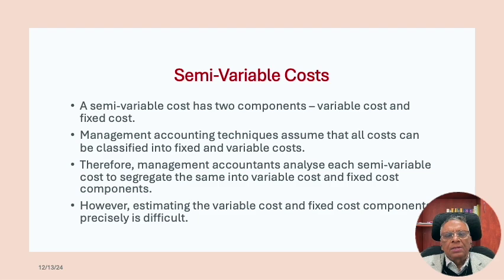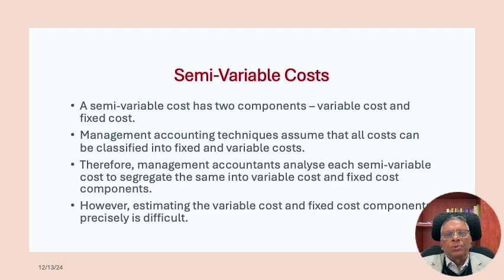As I said earlier, variable costs are mostly the direct cost. For example, when we take up a job, material is issued, or consumed, for every job, and therefore it is variable with the volume of production.